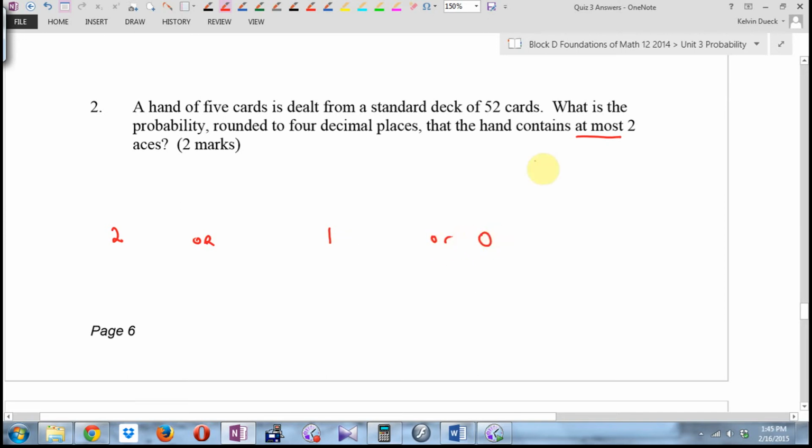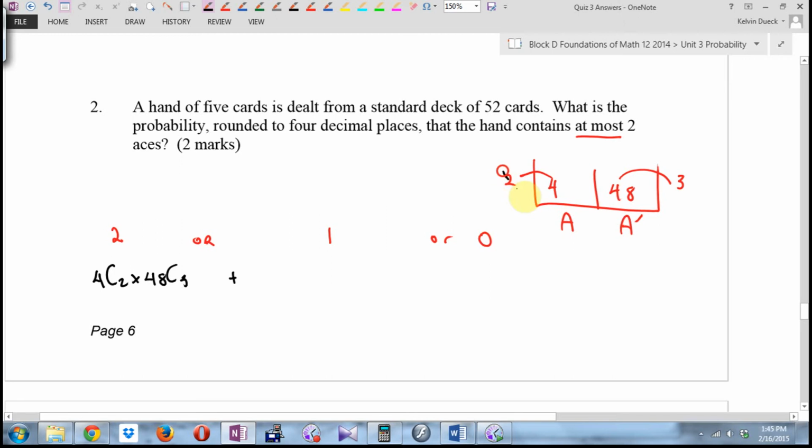Okay, let's set up my bucket up here first of all. Looks like I got aces and not aces. There's 4 aces. There's 48 others. In the first one, it's going to be 2 and 3. 4 choose 2, 48 choose 3.